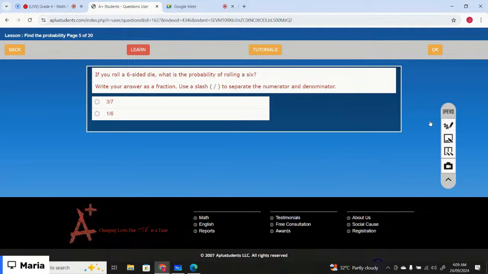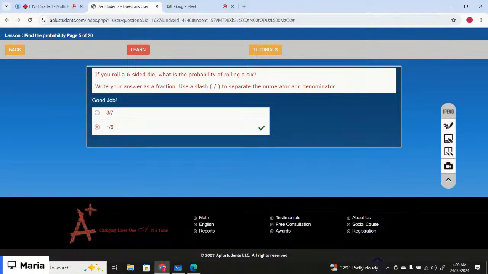Whatever number you roll on a six-sided die, the probability for every number is 1 out of 6.